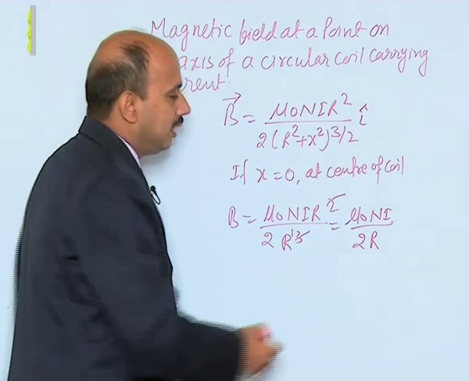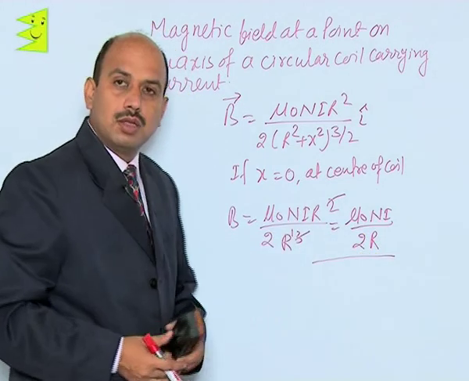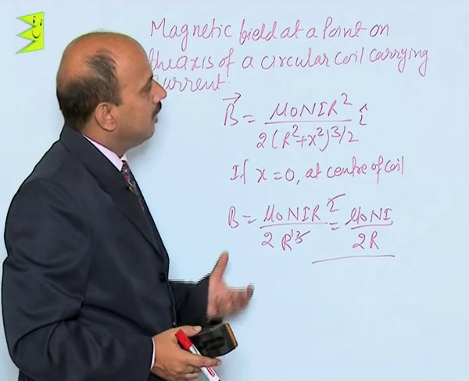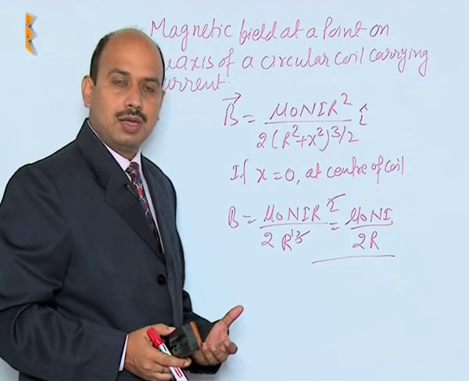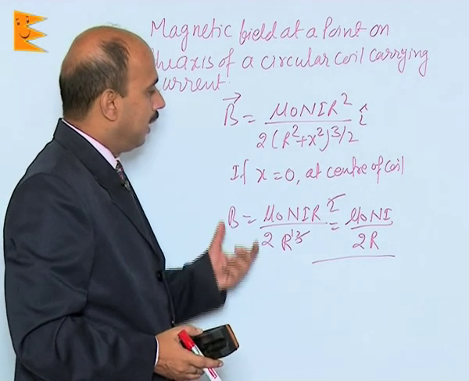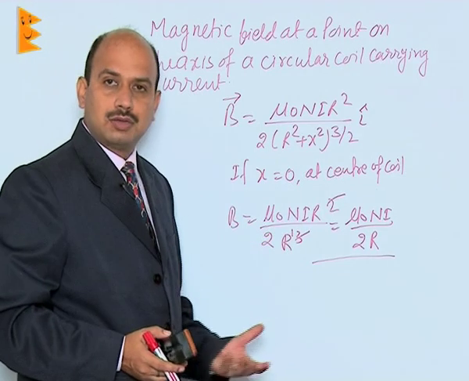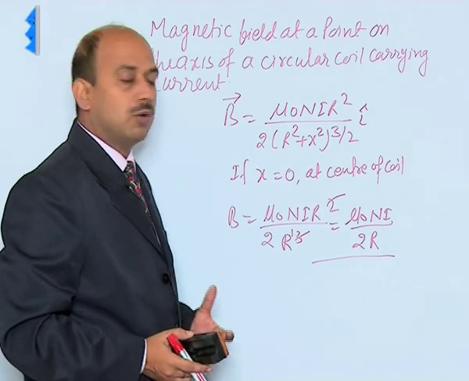So, this is the magnetic field at the center of the coil. First we have calculated the magnetic field at a point on the axis of the coil carrying current I, and then we have converted it to the center. So, this is the first application of Biot-Savart law.